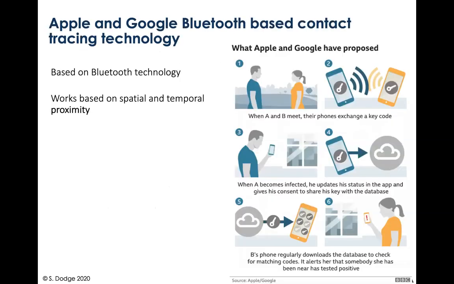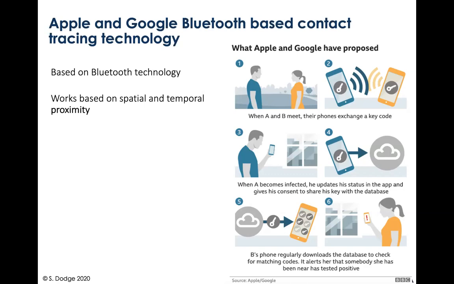So Apple and Google started this Bluetooth-based contact tracing technology in their mobile phones, and basically how it works is that if you're carrying a cell phone and the service is on, it tracks the number of cell phone devices that your phone comes into contact with, within 6 feet of each other.